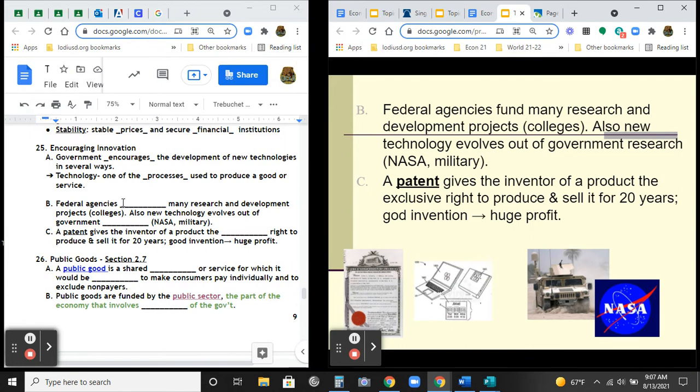Let's continue with the notes. Federal agencies. This is another way innovation is encouraged. They provide funding. They give money to institutions and they support research and development, often with grants. Sometimes new technology springs from government agencies.